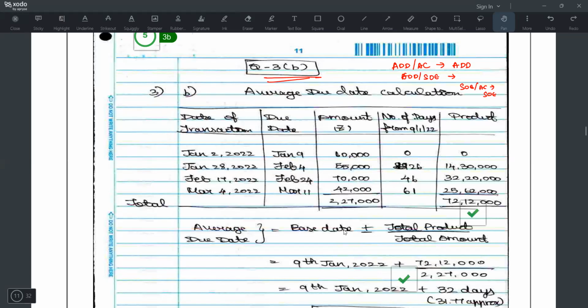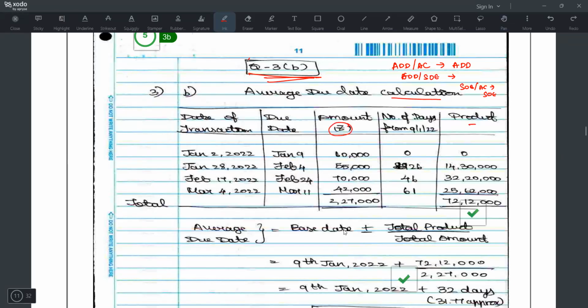Okay, then coming back to question 3B, as usual, whichever method you write is up to you, but write it in the center of the page. It will be more catchy and more easily understood by the corrector. You can write average due date calculation, or computation of average due date, anything. Then date of transaction, due date, amount column should have the rupee sign.